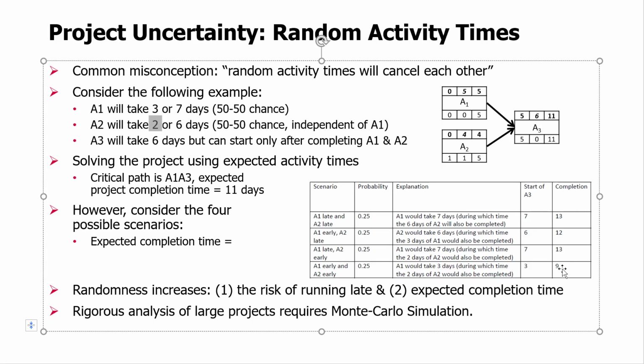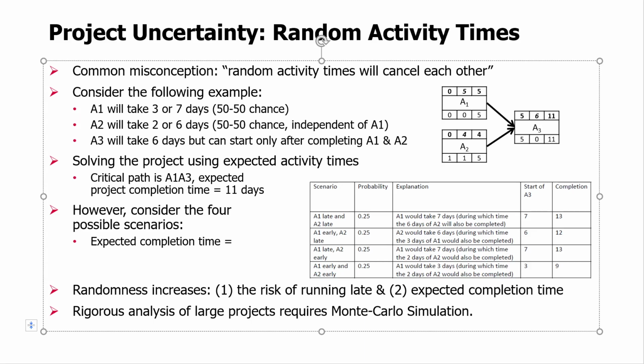Now, what is then the expected completion time of the project? So I want you to see that there are two cases when it finishes in 13 days. So expected project completion time can be calculated as, right, two cases, each 25% chance.